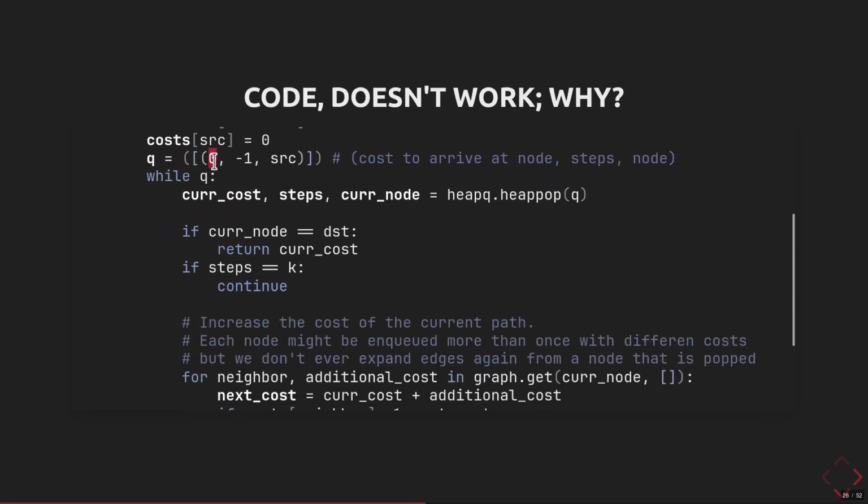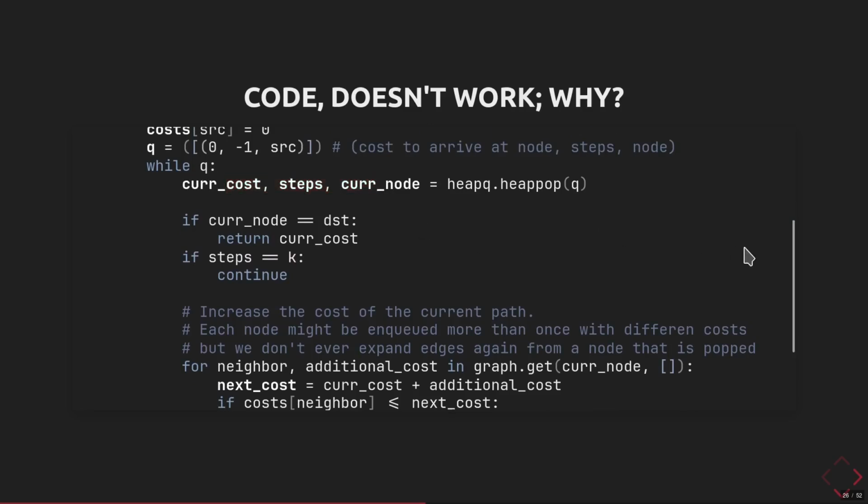We definitely want to look at things that cost the least and consider them first, okay? And here is steps. So I start at -1, which might be a little bit unintuitive, but basically through K different stops, you'll arrive at the destination. You could also start at 0 and then quit when steps equals K plus 1. That's also valid.